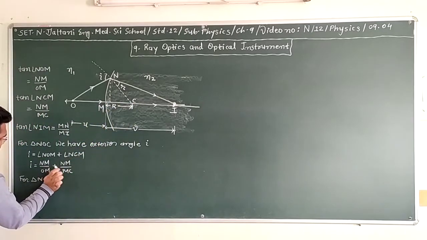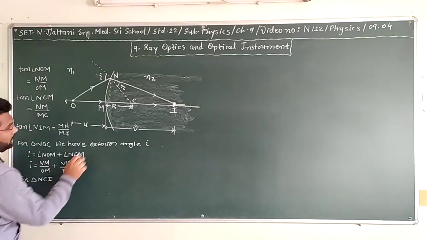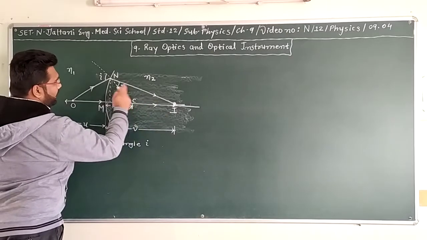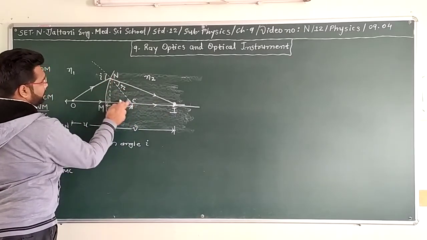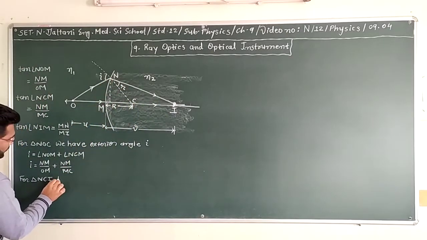For triangle NCI, the exterior angle is NCM.